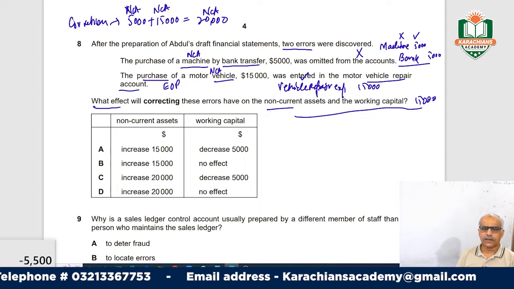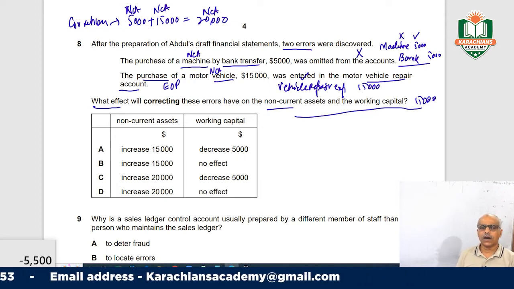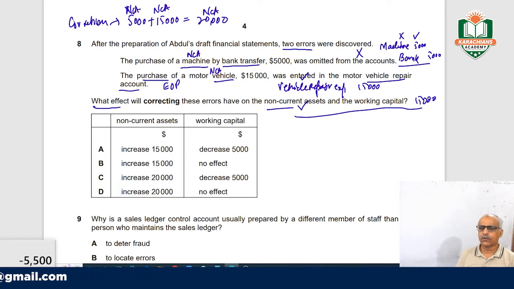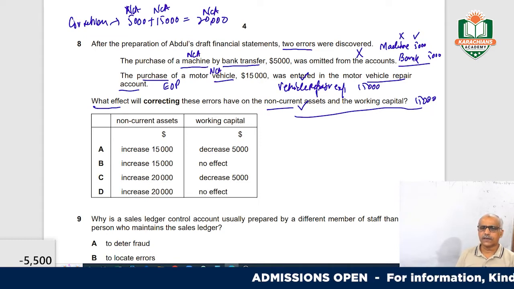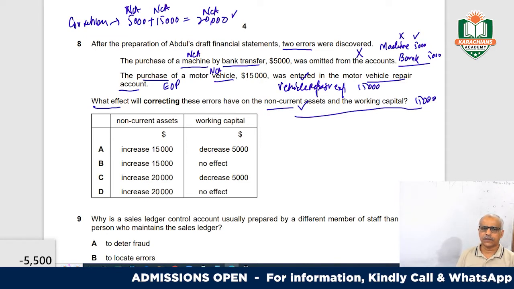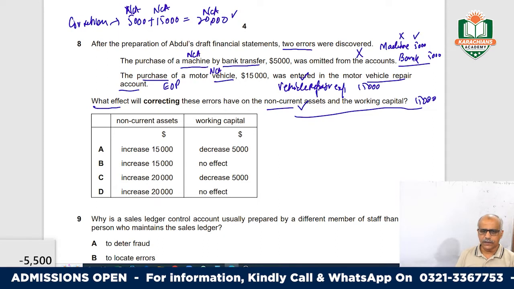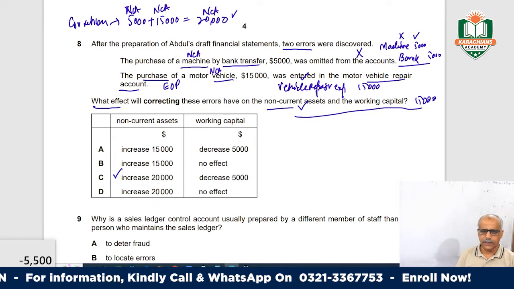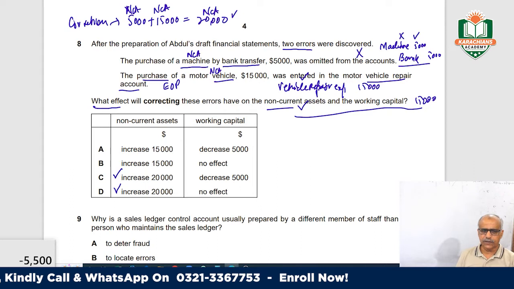So the question they are asking: what will be the impact on non-current assets? We know non-current assets will increase, and what will be the working capital? Non-current assets will increase by 20,000, so this is correct.